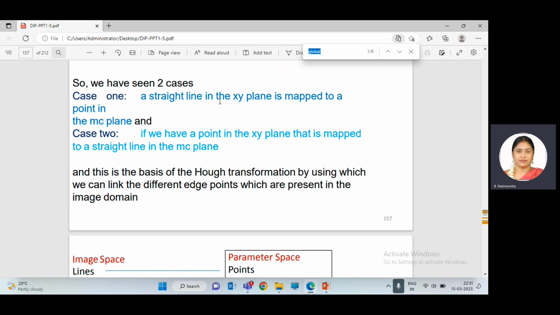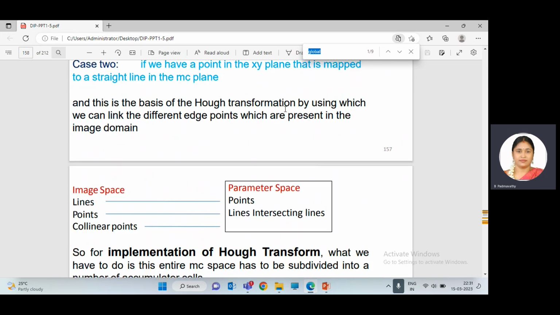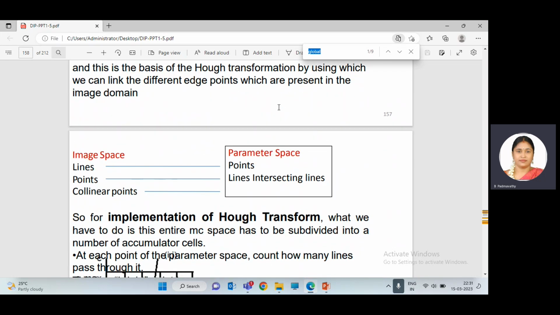One is a straight line in the xy plane which is mapped to a point in the mc plane, where m is the slope and c is the intercept. The second case is a point in the xy plane that is mapped to a straight line in the mc plane. So either this straight line maps to a point or this point maps to a straight line. This is what they are trying to explain in the condition.